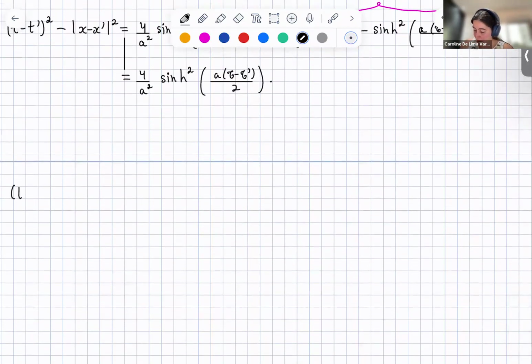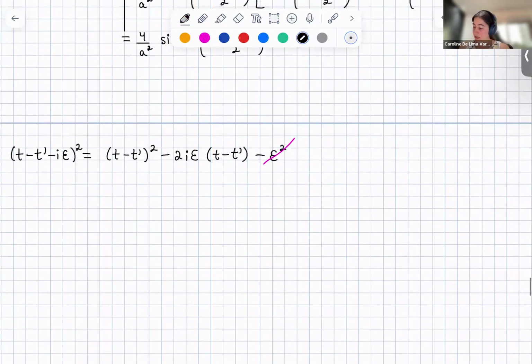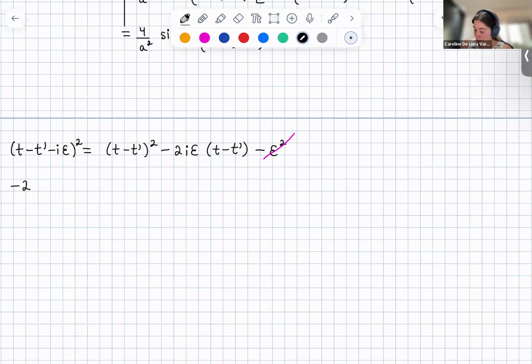What I had is (t minus t prime minus i epsilon) squared, and that is simply (t minus t prime) squared minus 2i epsilon times (t minus t prime) minus epsilon squared. But that part doesn't really matter; it's higher order, I don't really care.